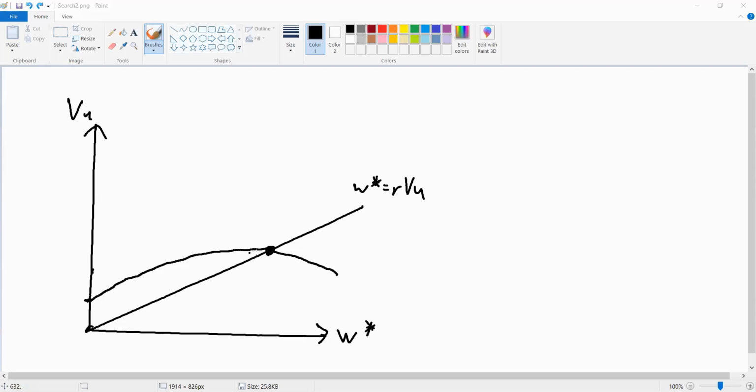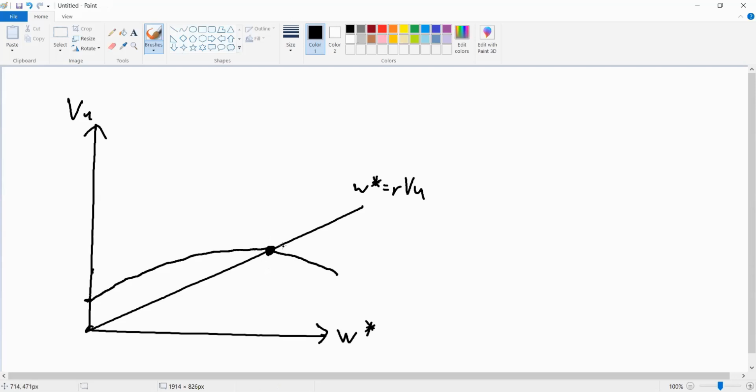But if it ever crosses the line, it has to do so at a turning point, after which we showed its derivative must be negative. Therefore, they can cross at most once. And so what we've shown is that if there's an equilibrium, it must be unique.